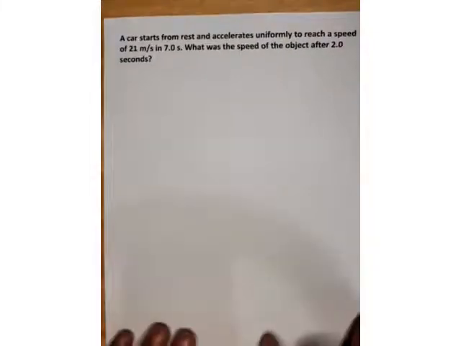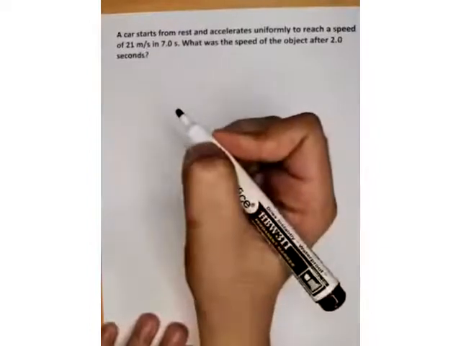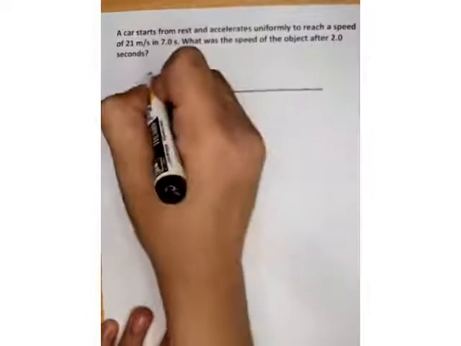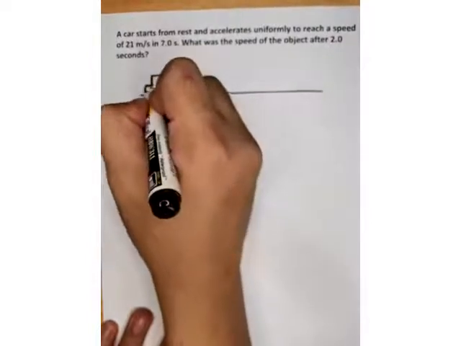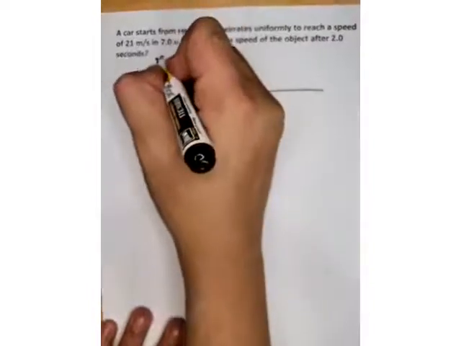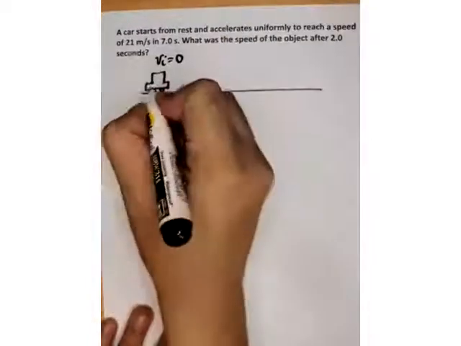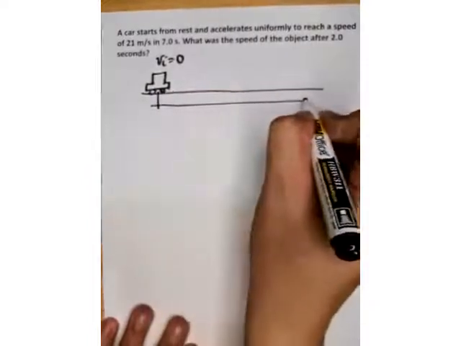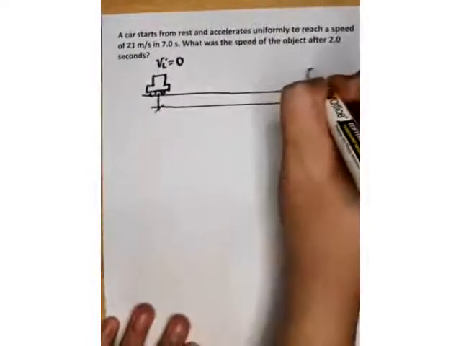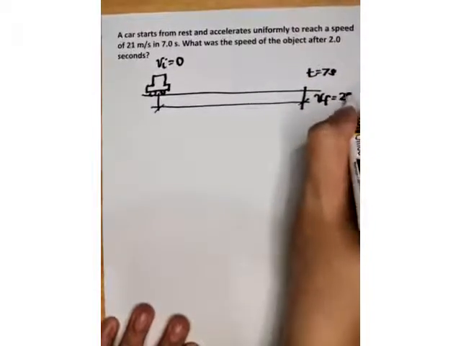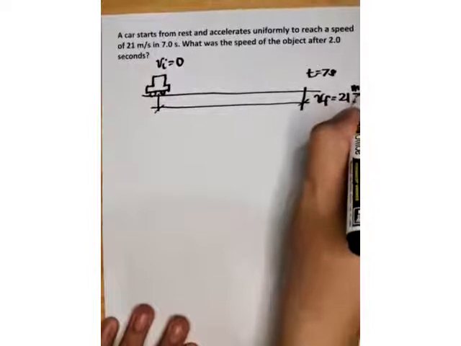So this is our car. It says it starts from rest, so we can conclude that the initial velocity is 0. And then after traveling and accelerating for 7 seconds, its velocity became 21 meters per second.